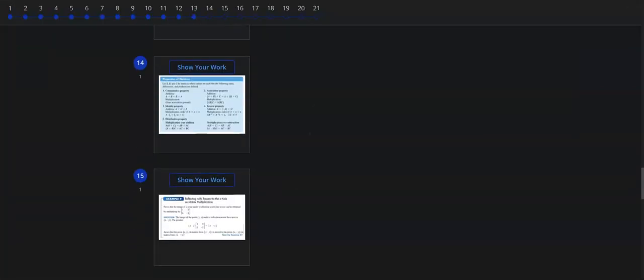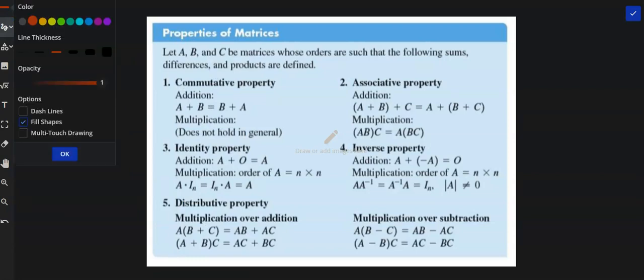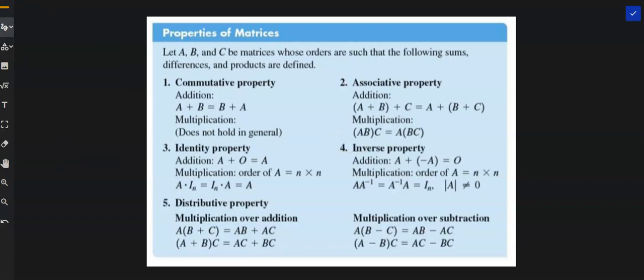Next. One of the things that we talked about, the big thing, properties of matrices, something that stands out is the fact that the commutative property is not true. Okay? I guess I should take that back. It's true for addition. It's not true for multiplication.